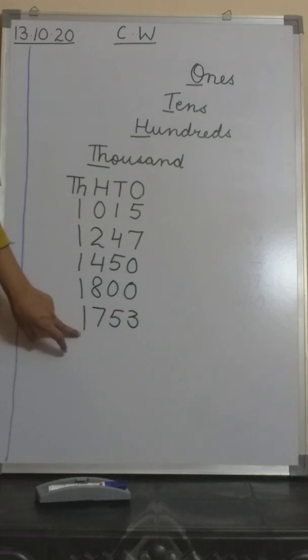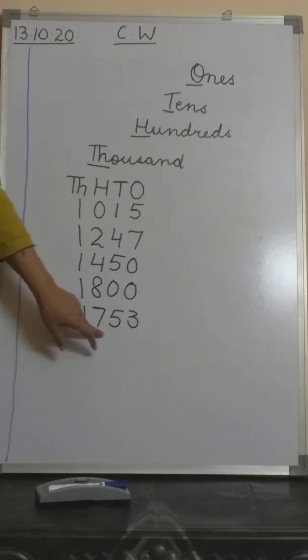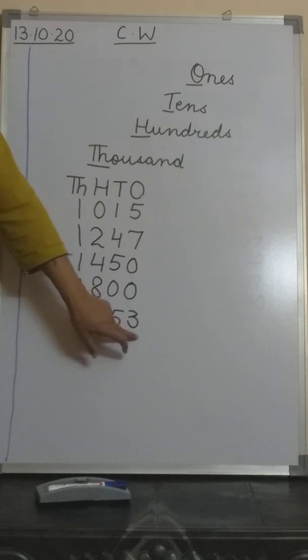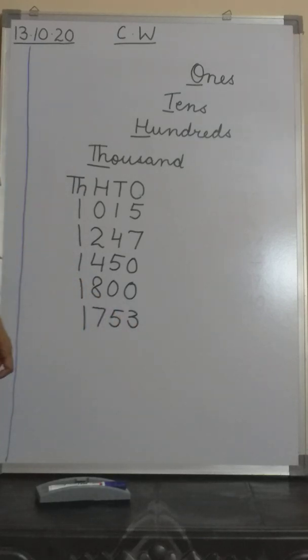So 1 comes under thousands, 7 comes under hundreds, 5 comes under tens and 3 comes under ones. Understood boys? Alright.